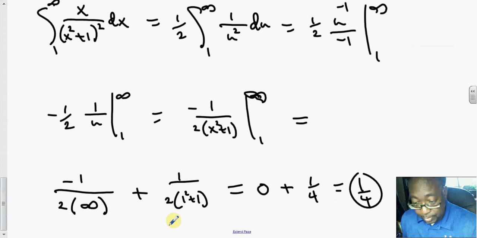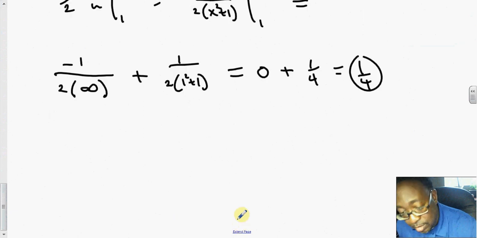And so the integral test says that if the limit comes out to be a finite number, then the integral converges, and thus also the series that it represents converges.